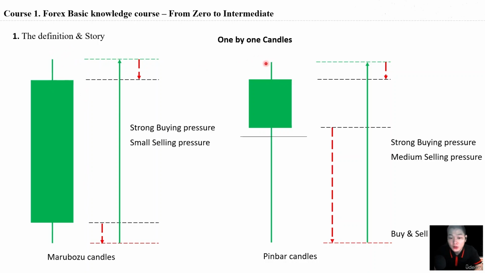But for the Binba candle, you also have a reference standard: the body of a Binba candle is above 30% of the total length of the candle. It shows very strong buying pressure for these candles. Why is it 30% and not 50% or others? Because it relates to Fibonacci levels, which I will introduce in the next videos. But you just need to remember 30% or above is enough.